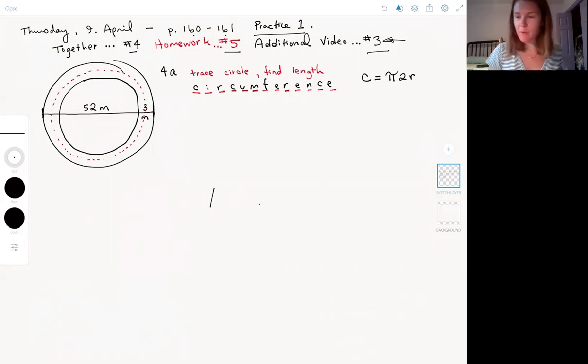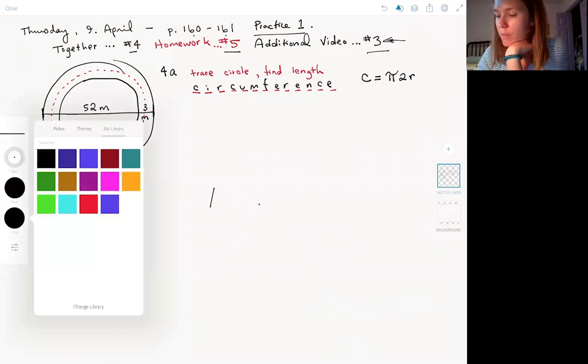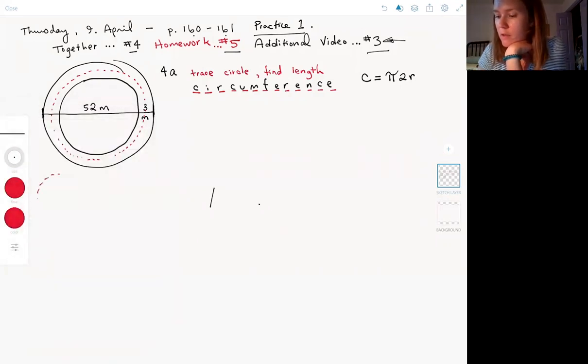Now that we're here, we need to start identifying some key information, okay? So if I'm going to walk in this red dotted circle, I need to know what is the diameter of that circle.